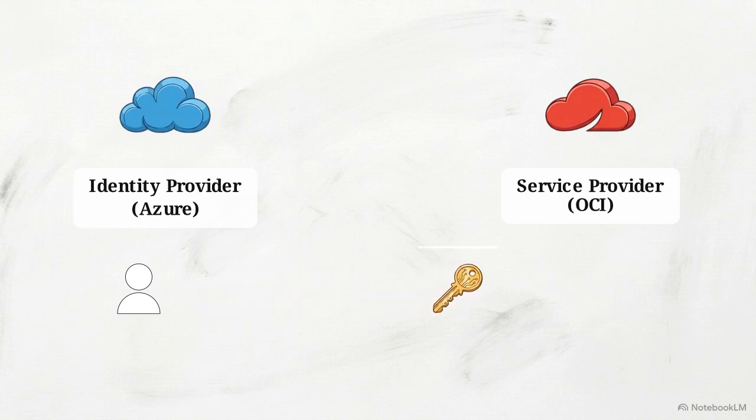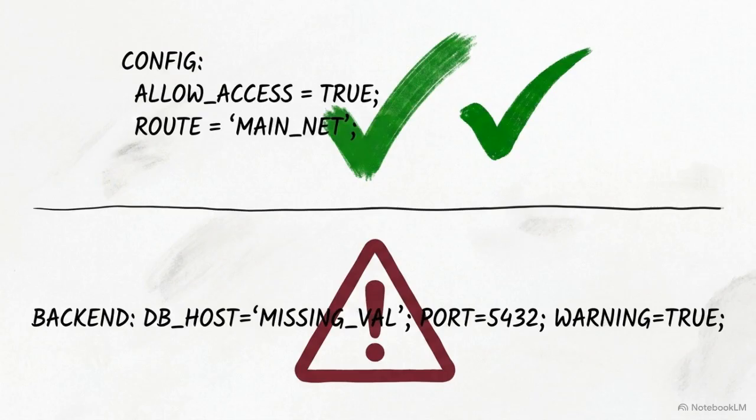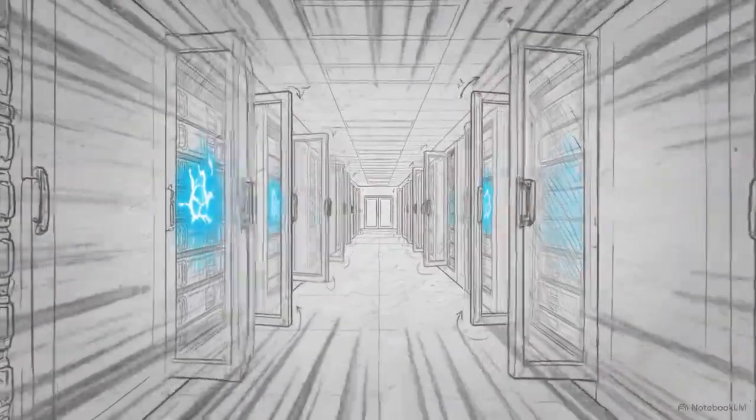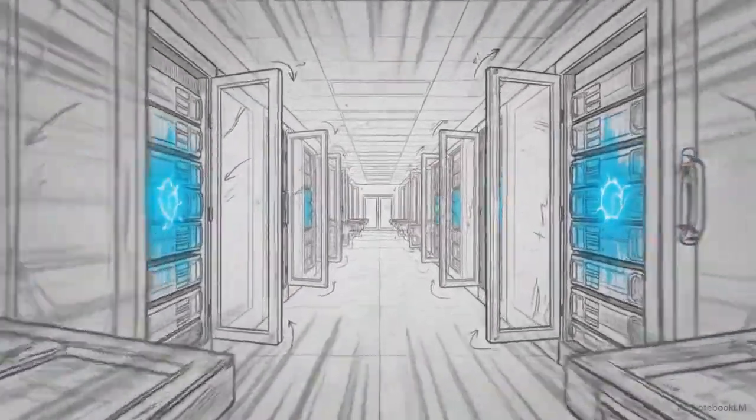When OCI receives that token, it verifies the signature and ensures the user is mapped correctly into the corresponding identity domain group. Pay close attention to this setup, as the exam focuses heavily on identifying misconfigured trust relationships between providers. Mastering identity federation ensures consistent access control across platforms and prevents the security gaps that occur when managing users in silos.